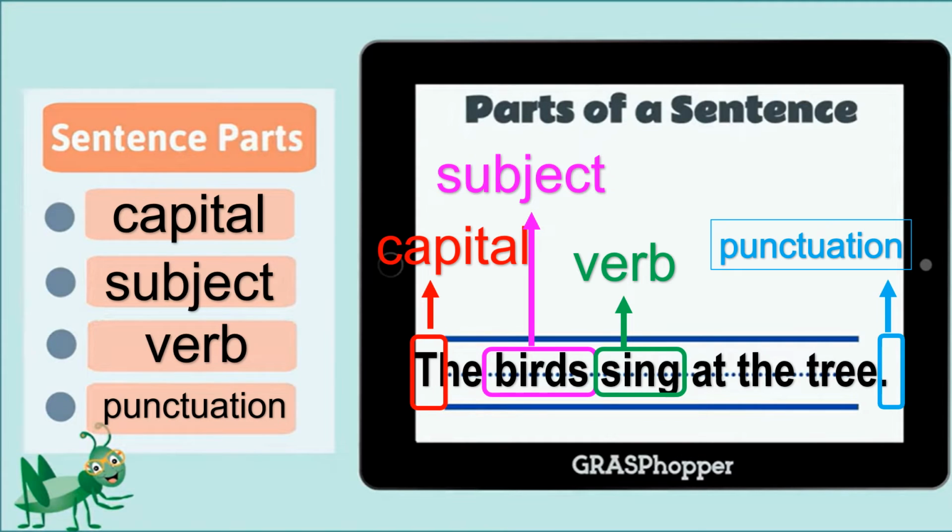So these are the parts of a sentence. So the sentence must begin with a capital letter and it must have a punctuation. It must have a subject. Okay? So sometimes there is no verb, but the predicate must tell something about the subject. Ang predicate ay magsasabi ng something na maglalarawan o something na ginagawa ng subject. Okay?